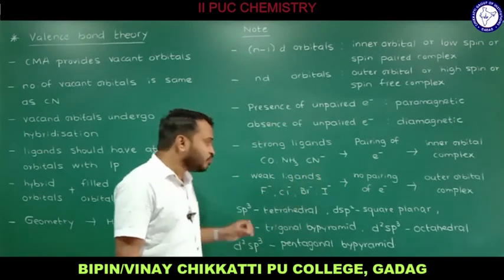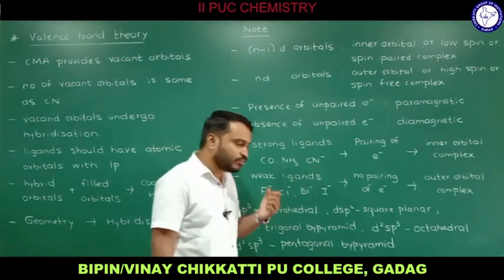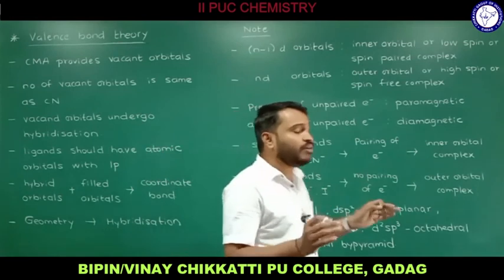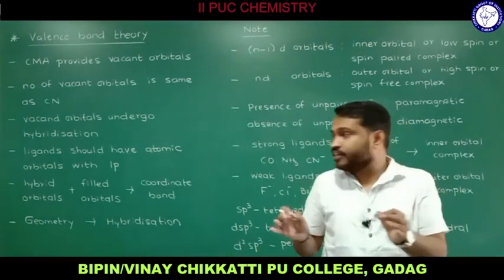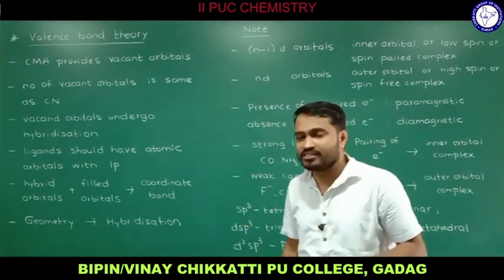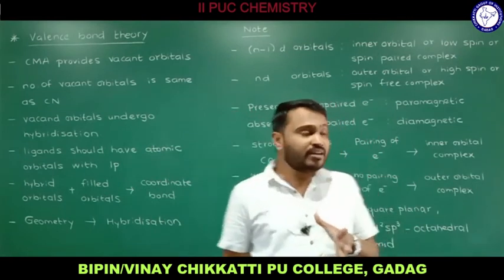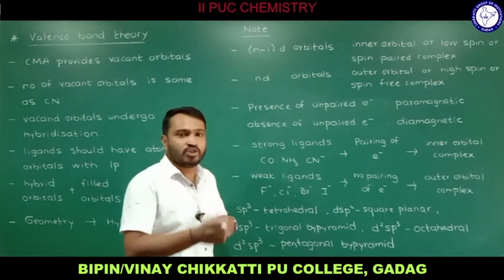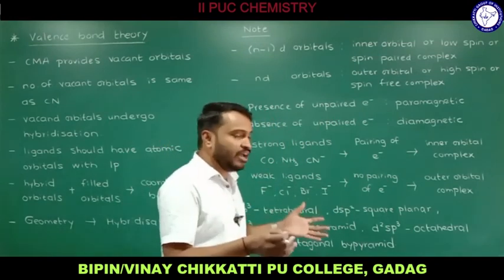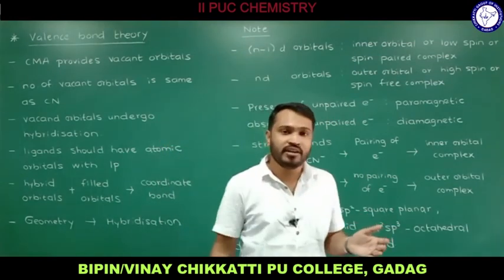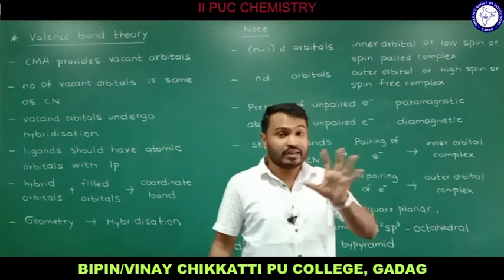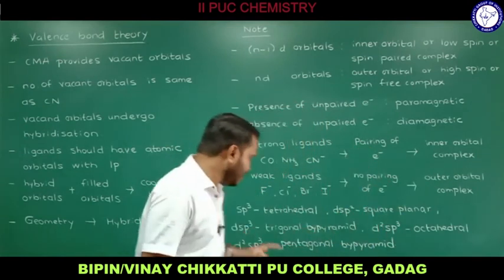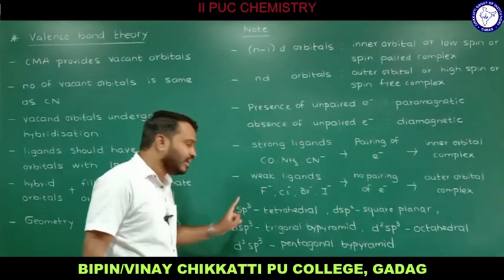The next point I have written: as in the last postulate I said, the hybridization in the complex is going to determine the geometry of the molecule, and we know some well-known hybridizations with their geometry. If the hybridization is sp, we get linear geometry. If it is sp2, trigonal planar. If it is sp3, tetrahedral geometry.